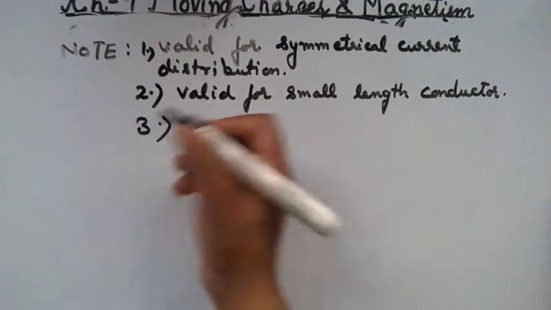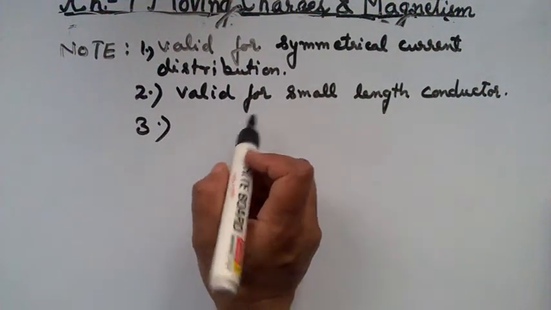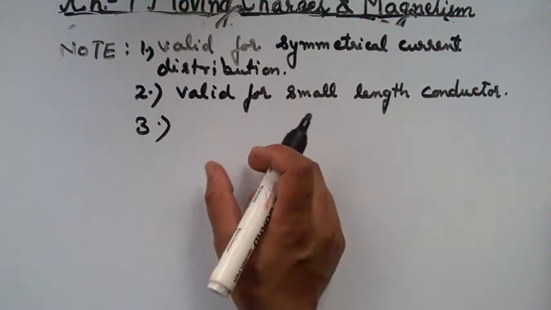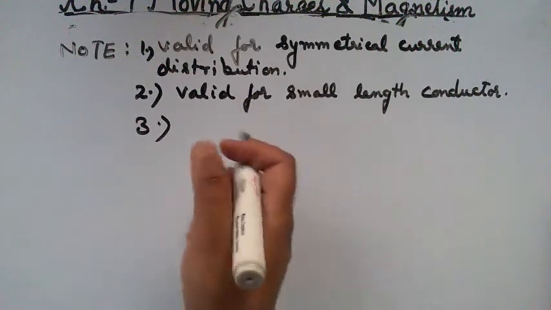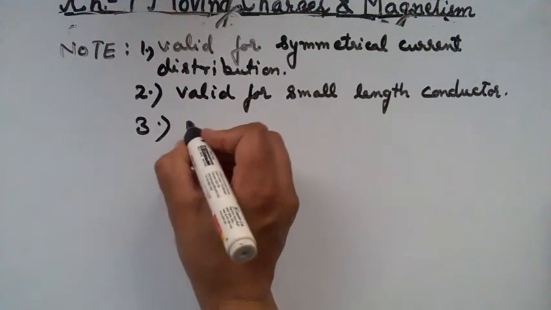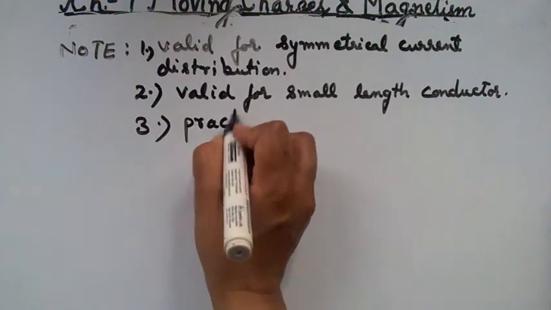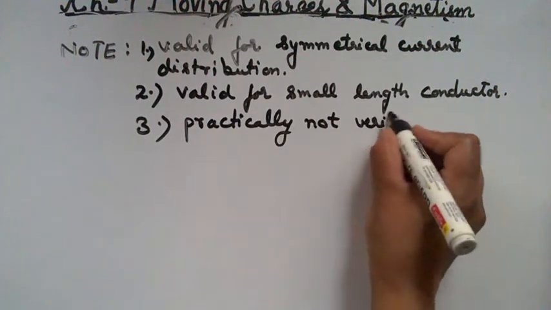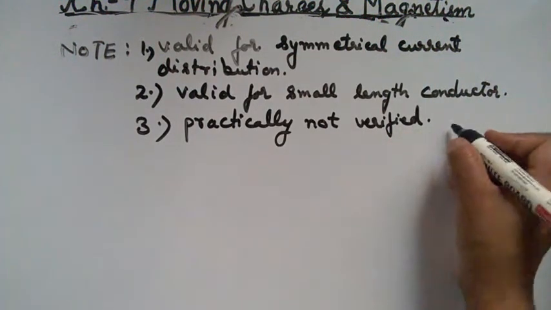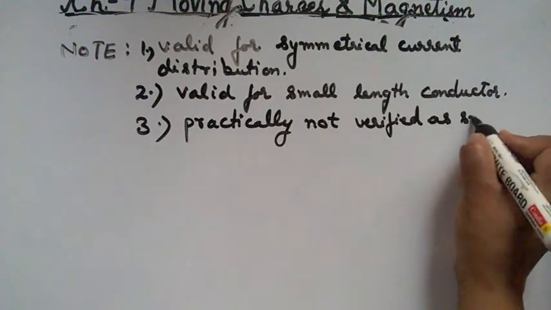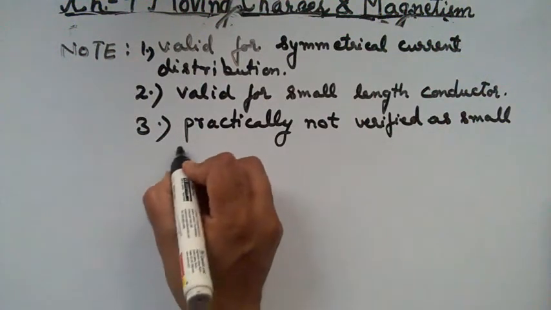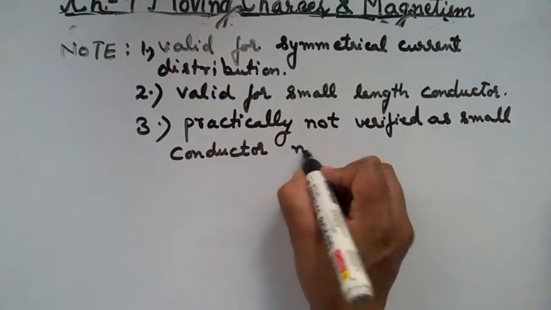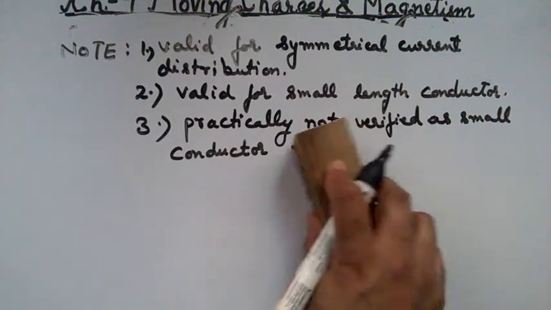We cannot verify this Biot-Savart law experimentally because the length which we will take is a very small length, which is not possible practically. A small current element is not available.